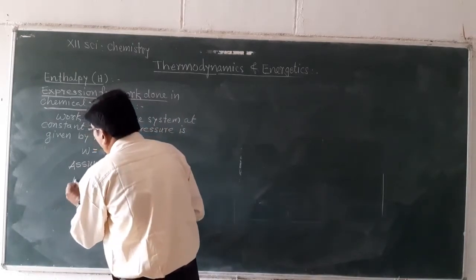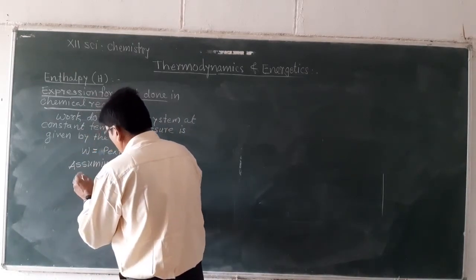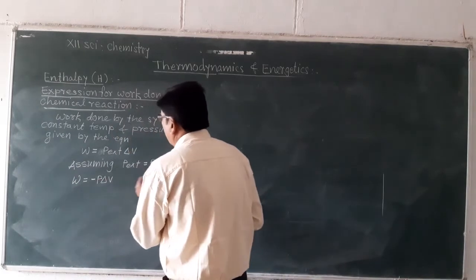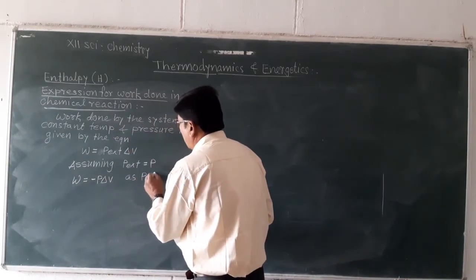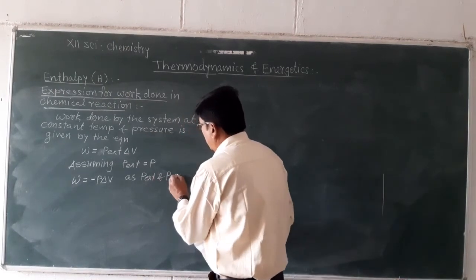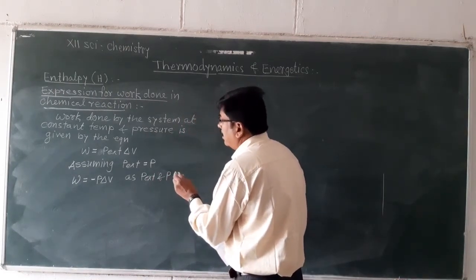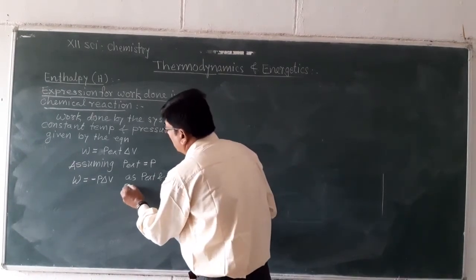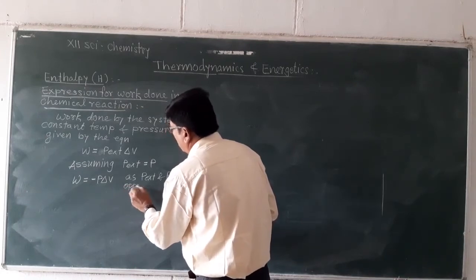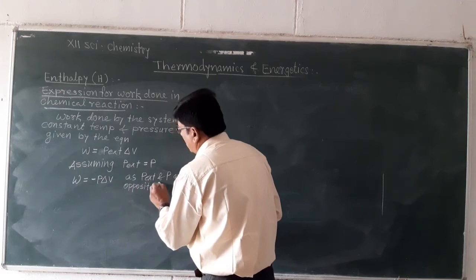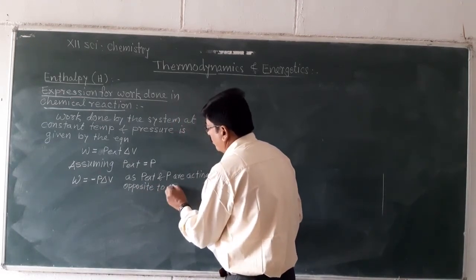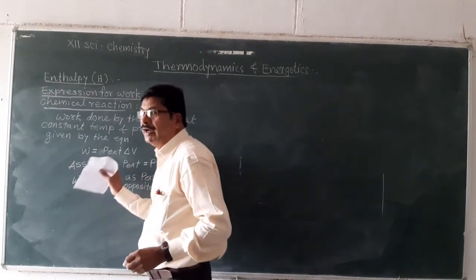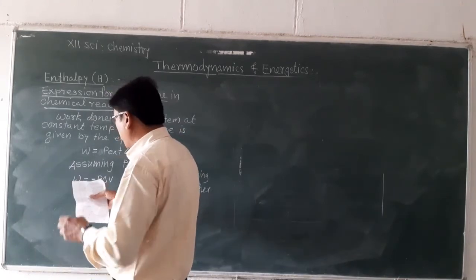Then we have the above equation as W is equal to minus P delta V. Here as P external and P are acting opposite to one another, we can change the signs of P external and P.